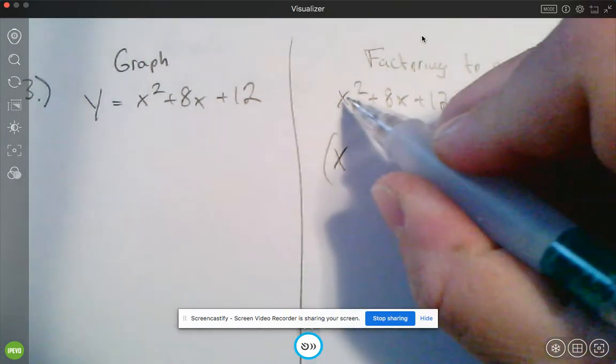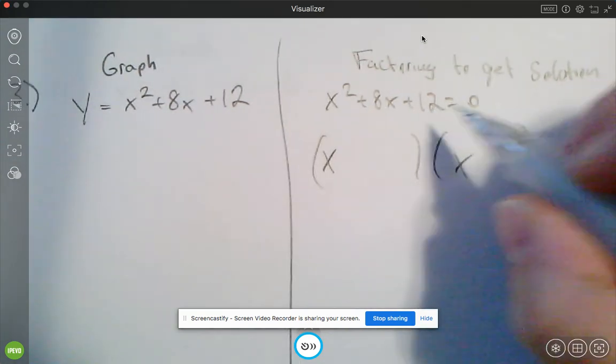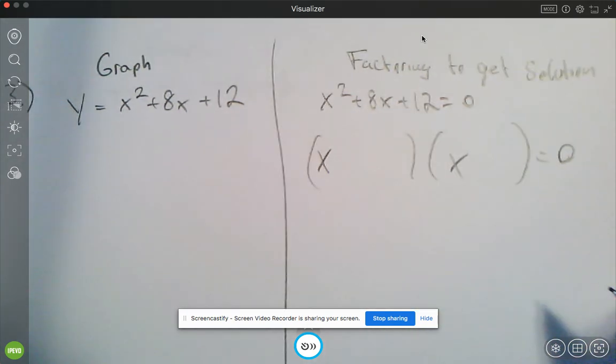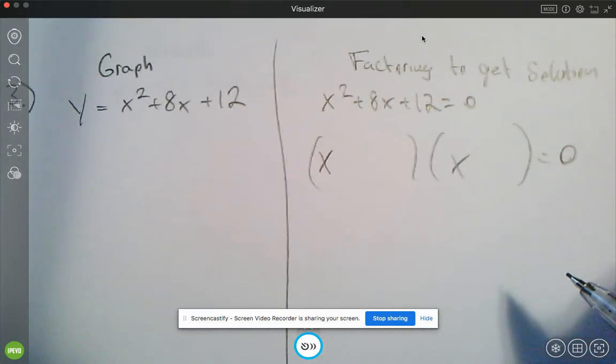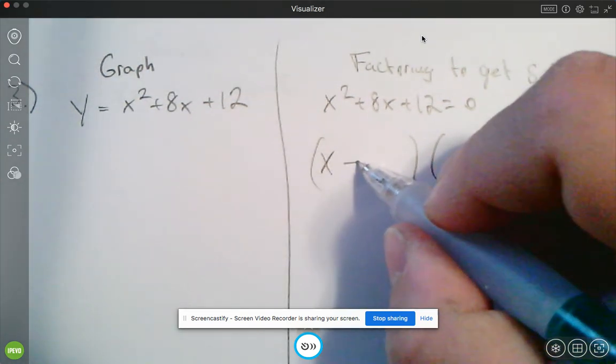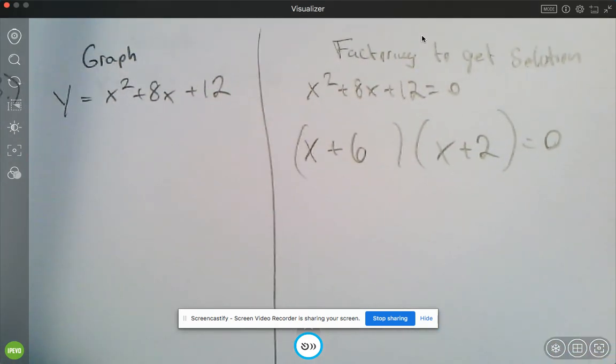parentheses, our a value is 1, equals 0. We think about things that multiply to be 12 and add up to 8. I'm thinking 6 times 2, so plus 6 plus 2, right? I think that works.